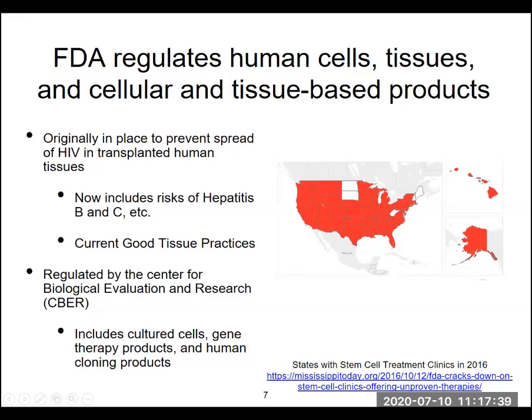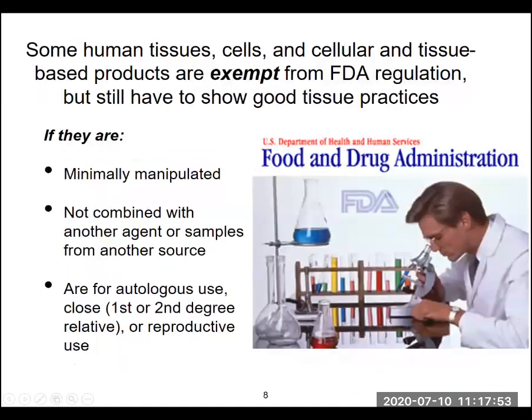And so what we can see is that pretty much across the United States, in 2016, we had stem cell treatment clinics, except for North and South Dakota, over here, in the north central region within the United States.